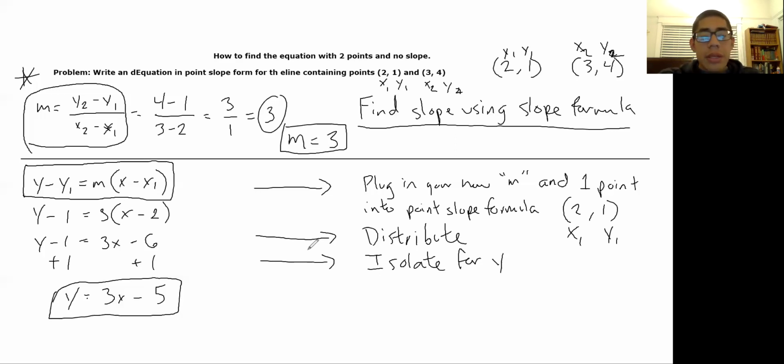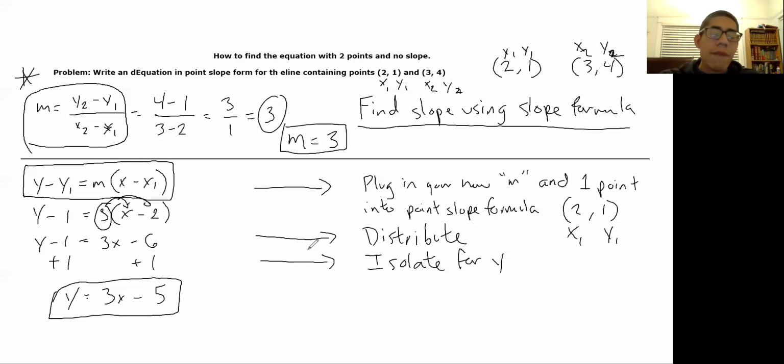Now that I have that, I just have to distribute the 3. 3 multiplies by everything on the inside. That means 3 times x is just 3x, and then 3 times negative 2 is negative 6. Once I'm at that point, I just need to finish isolating for y, which means I have to make sure y is by itself, which means I have to look at what's next to y.